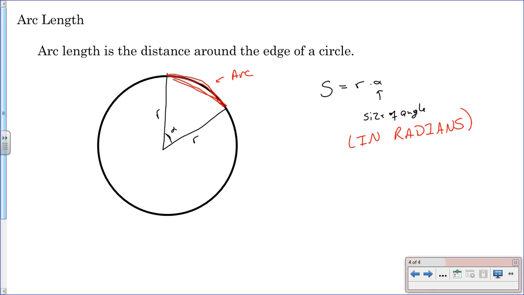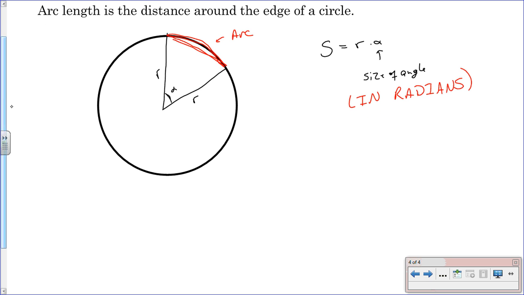So if they give you a measurement in degrees and ask you to find arc length, you have to convert your measurement to radians first. Now, obviously, if I gave you the radius and an angle, it'd be a no-brainer to figure out the arc length. But let's work the formula backwards.